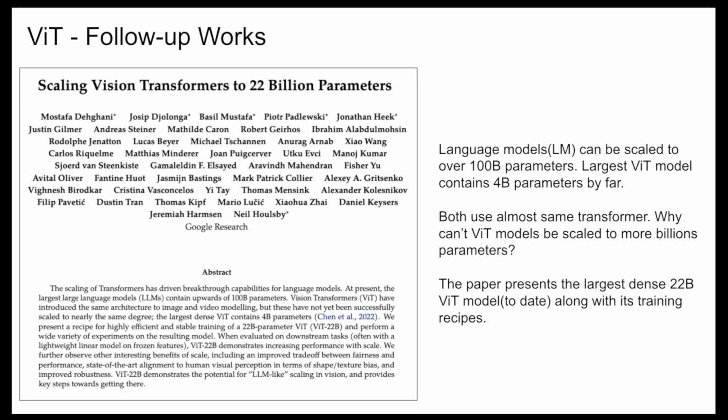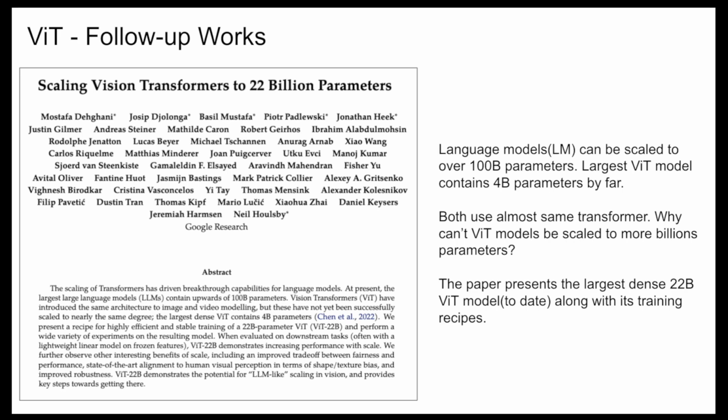We present a recipe for highly efficient and stable training of a 22 billion parameter ViT, ViT-22B, and perform a wide variety of experiments on the resulting model. When evaluated on downstream tasks, often with a lightweight linear model on frozen features, ViT-22B demonstrates increased performance with scale.